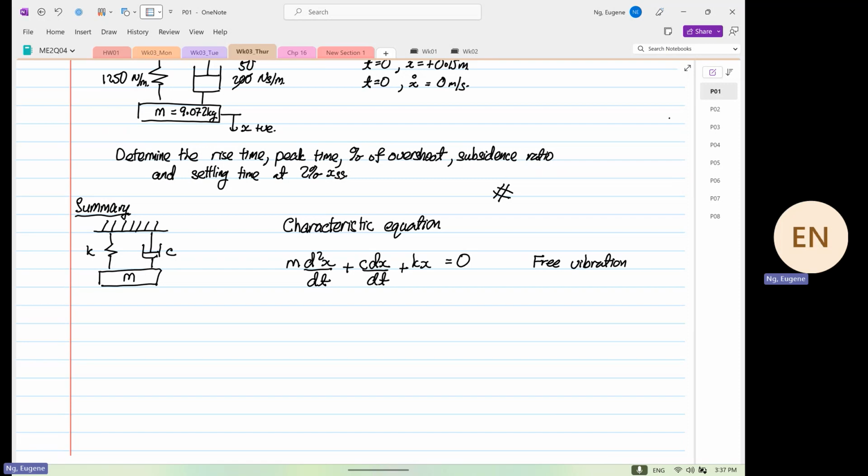Free vibration. This is the most basic stuff we have to remember. And then the next step, when you have m d squared x over dt squared plus c dx over dt plus kx is equal to F naught sine omega naught t, this is known as forced vibration.